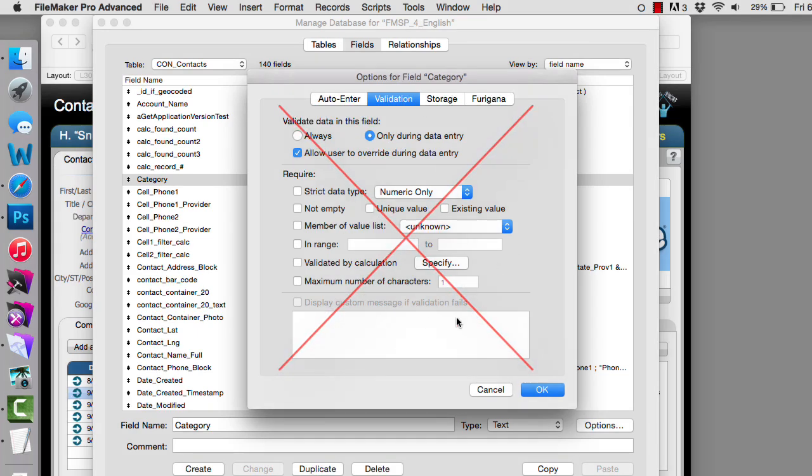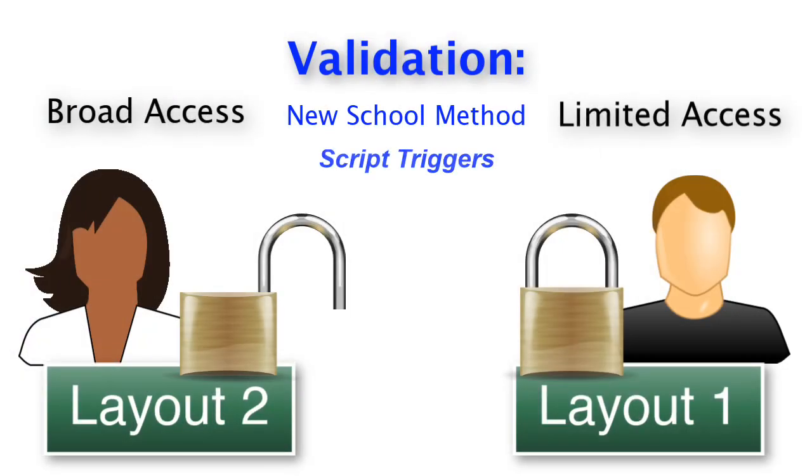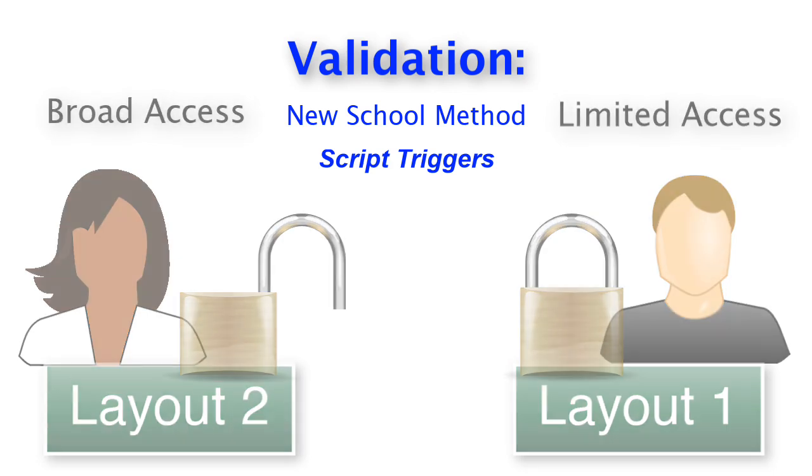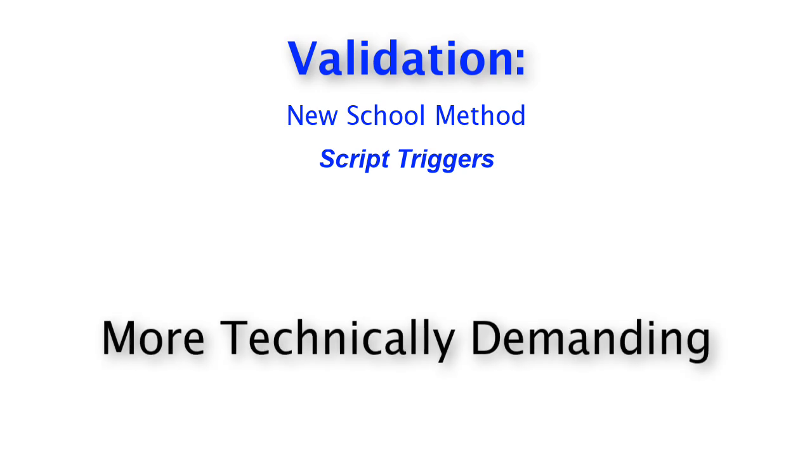That's why generally for the development that I personally do, I try to use the more modern script triggers to set up those validations. Now, to be perfectly clear, writing script triggers to do validation is more technically demanding. Once again, that's why I'm giving you the 20,000-foot view here.